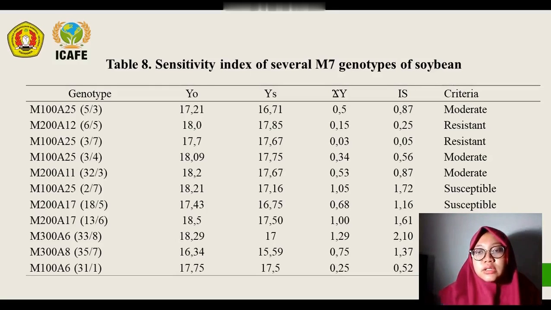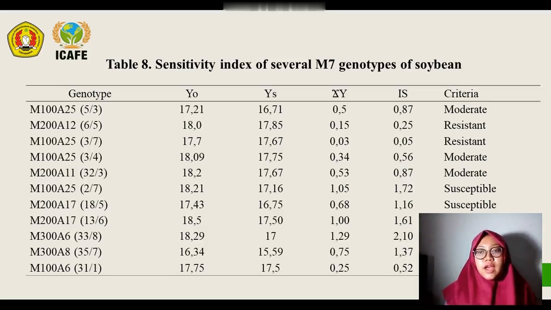In Table 8, about the sensitivity index of the 7 mutant genotypes of soybean and the character of seed weight per plant, it shows that two genotypes have a sensitivity index value smaller than 0.5, which means resistance to stem root disease.